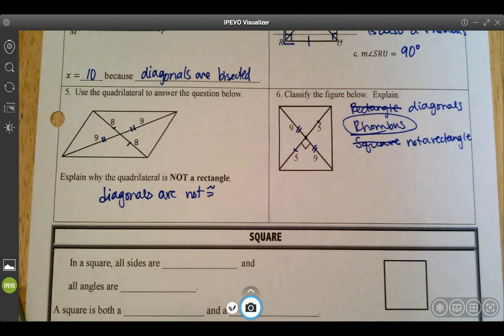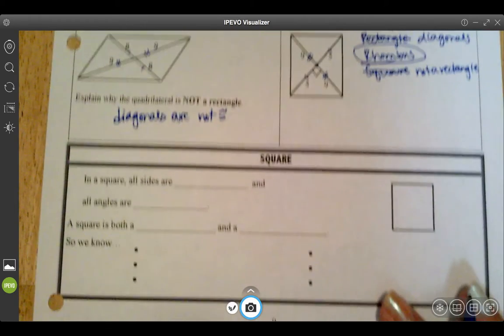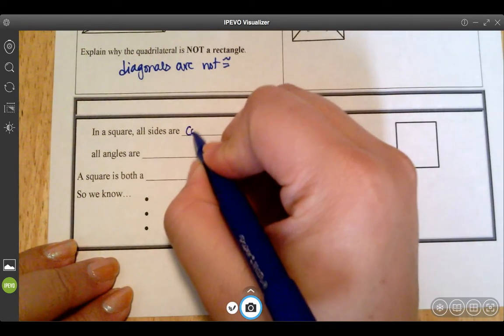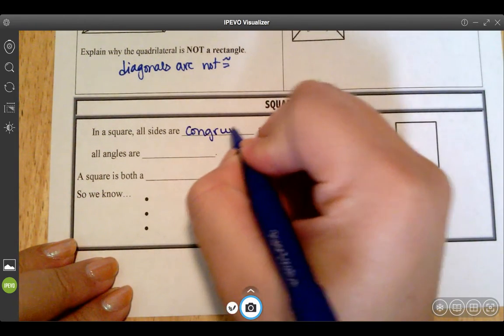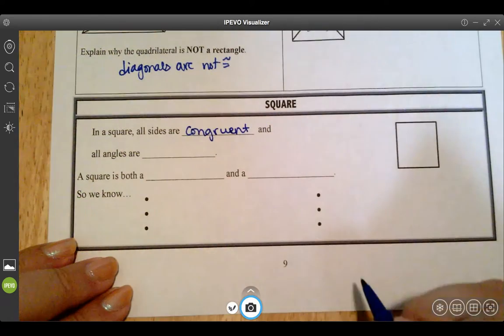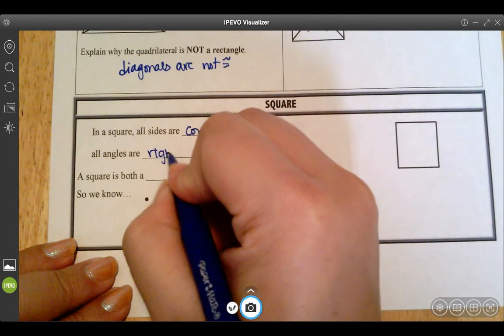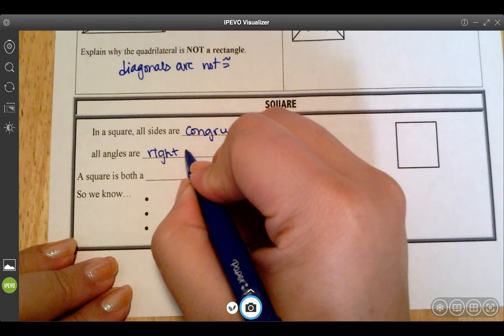rhombi, and also rectangles. And we've also looked at some properties of squares, so let's see if we can fill those in. So a square is when all sides are congruent, and that's what makes it a rhombus, and all angles are 90 degrees or right angles, and that's what makes it a rectangle.